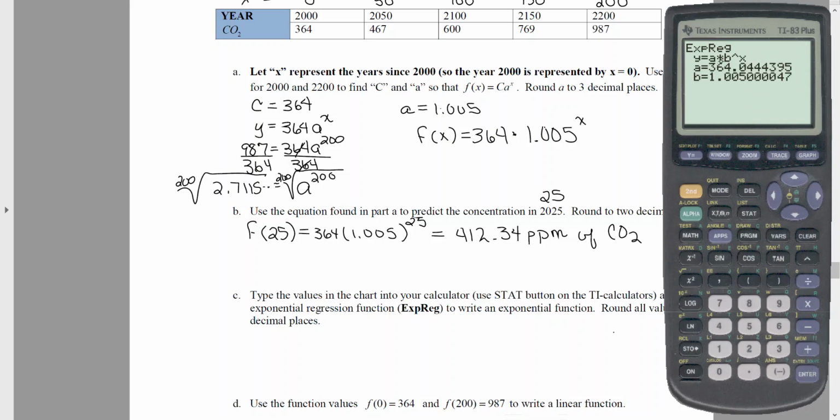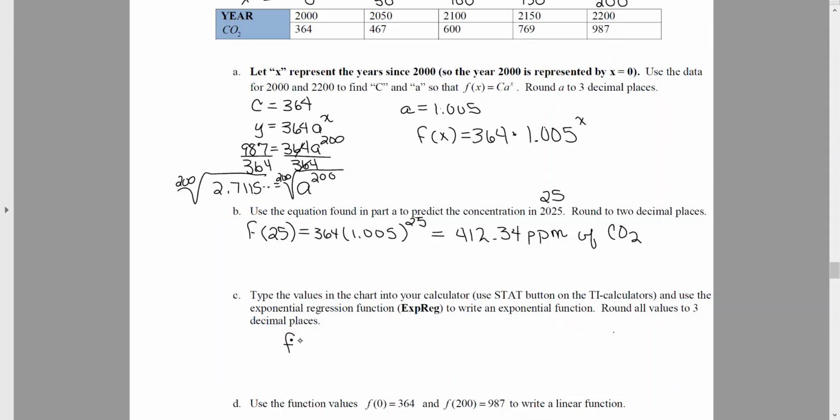See how it has my A, which is my initial amount, 364.044, a whole bunch of digits, and then my B value of 1.005000, a bunch of other numbers. So it's asking me to round all values to 3 decimal places. All right, so I'm going to round to 3, so that 4 is going to stay put, and this is going to be my function then.